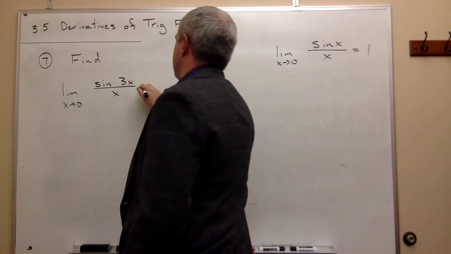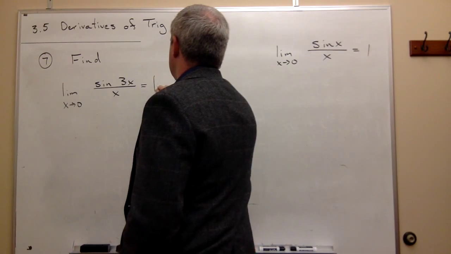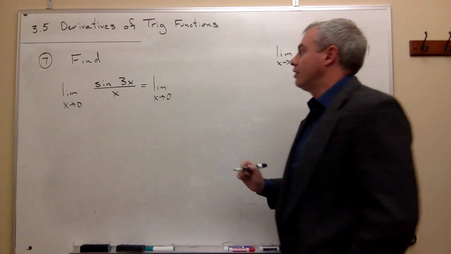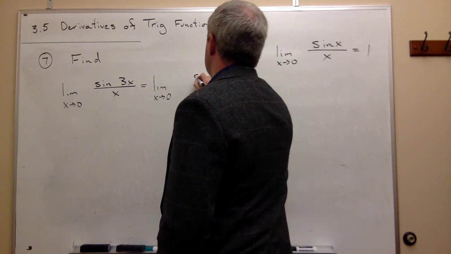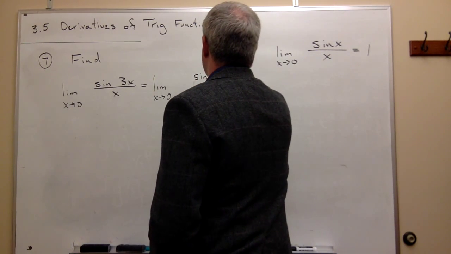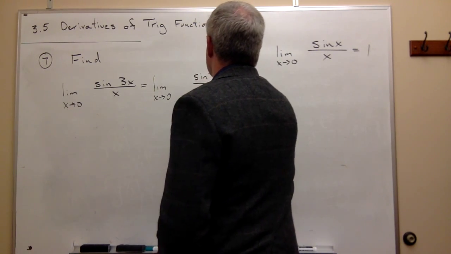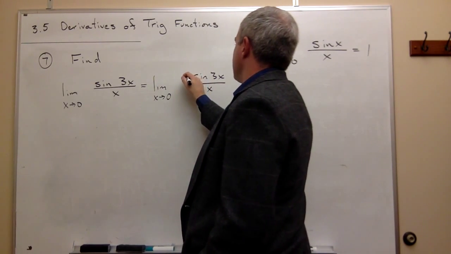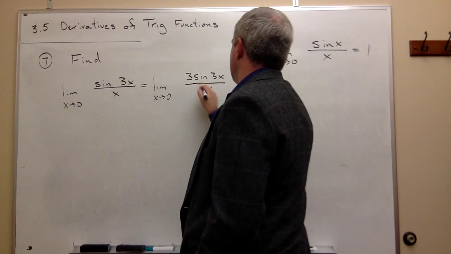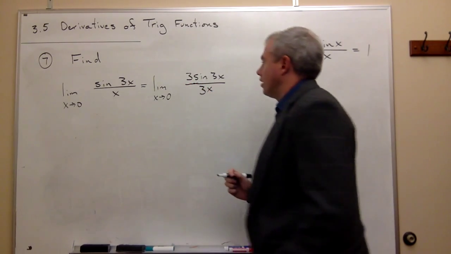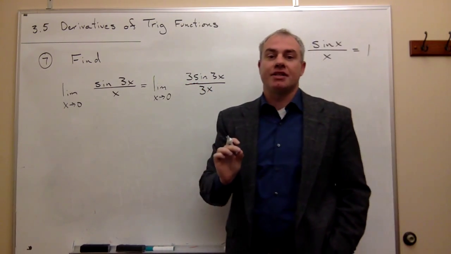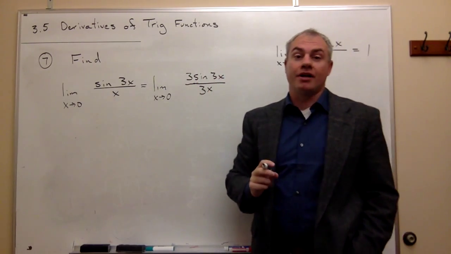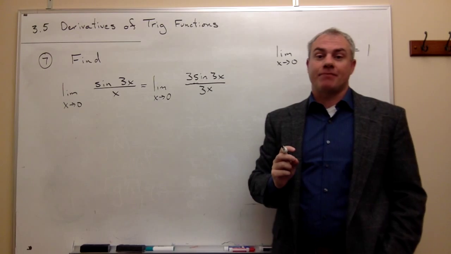So let's go ahead and do that. I get the limit as x goes to 0 of sine of 3x over x. But now I'm going to multiply the top and the bottom by 3, so I get a 3 on top and a 3 on the bottom. All I've really done is multiply this fraction by 1, and that's perfectly acceptable.